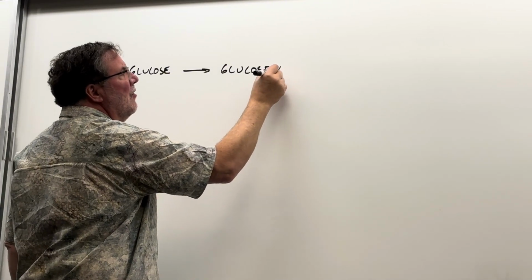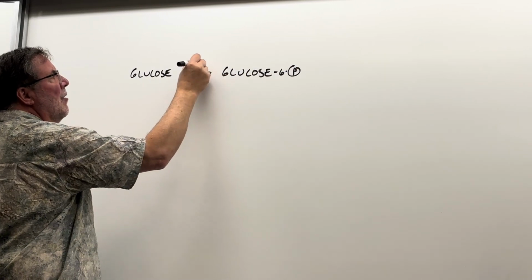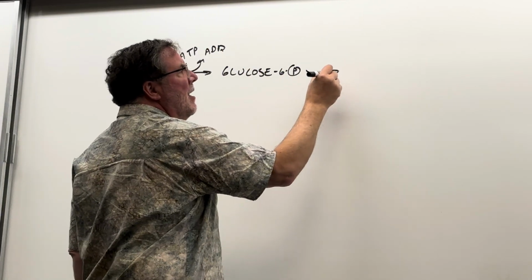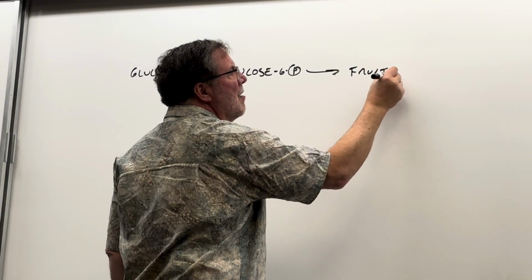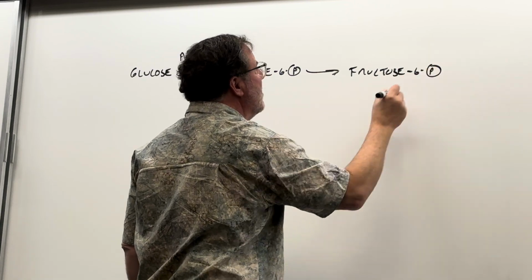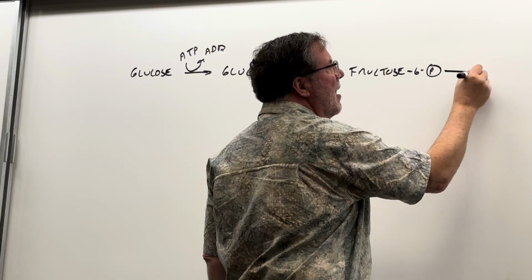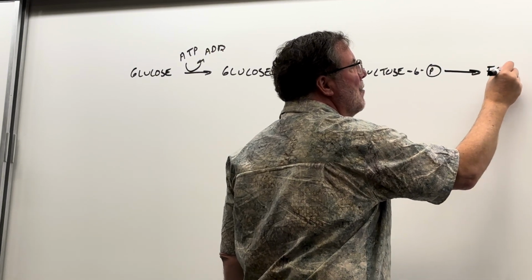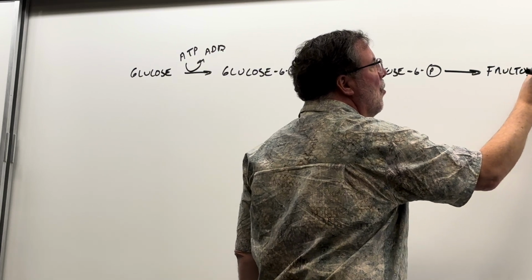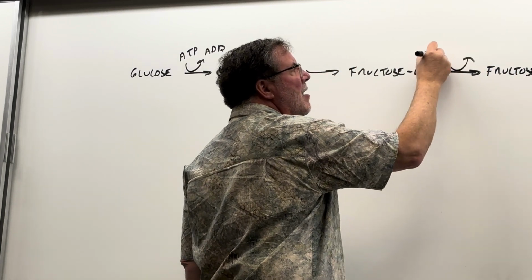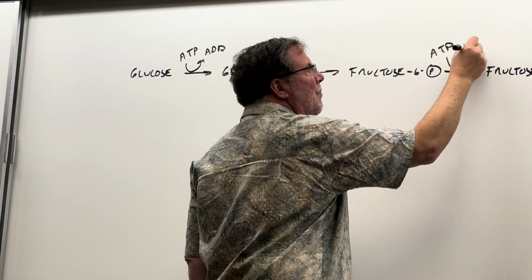Glucose, so this is in the glycolysis direction. Glucose 6-phosphate. Remember, we use ATP to go to ADP. And then we have fructose 6-phosphate. Then we go to fructose 1,6-bisphosphate. This takes another ATP to ADP.